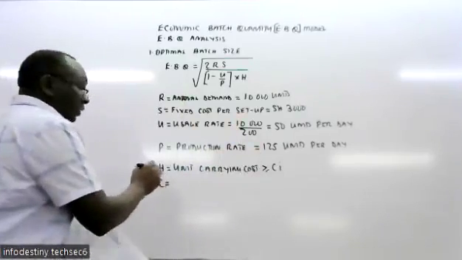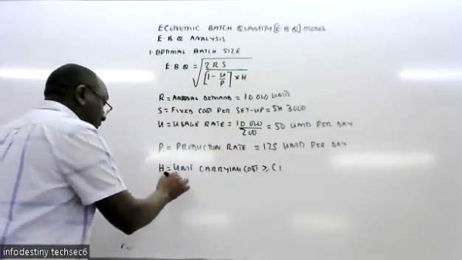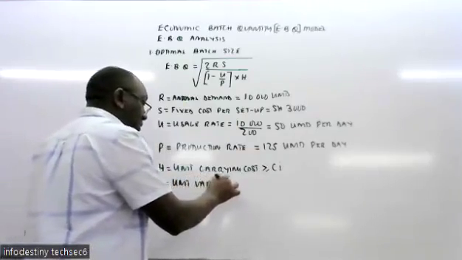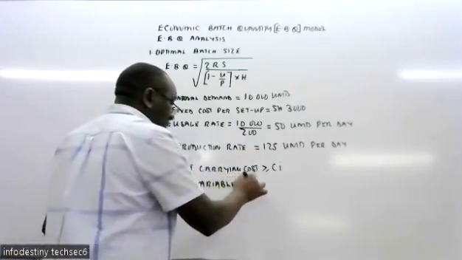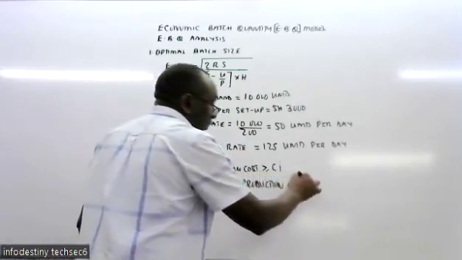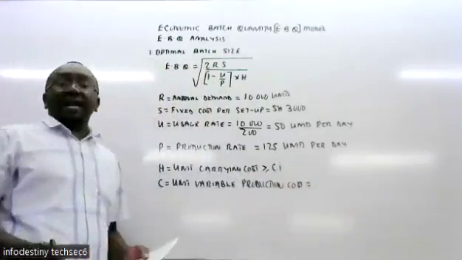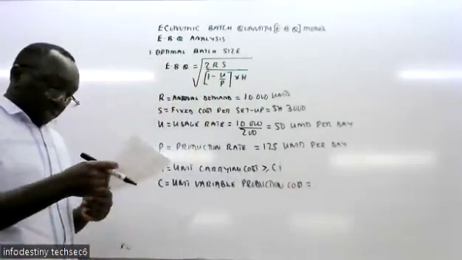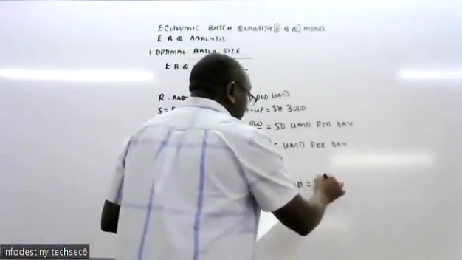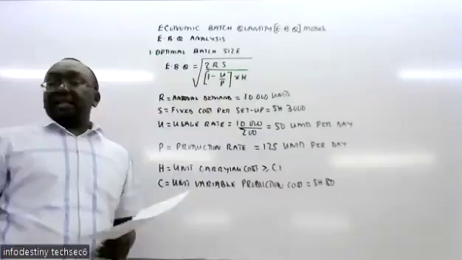Haya. C is unit variable production costs, unit variable production cost, which in this question we are told it is what? Shillings 80. That is now another term.